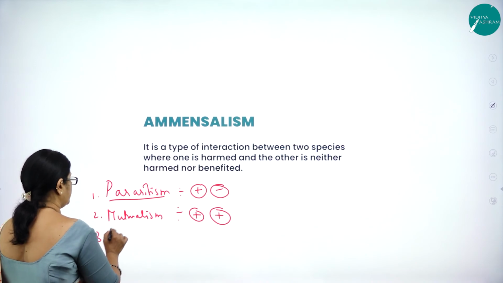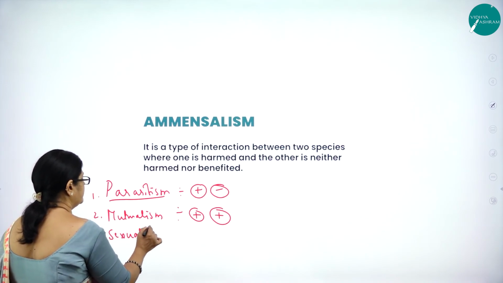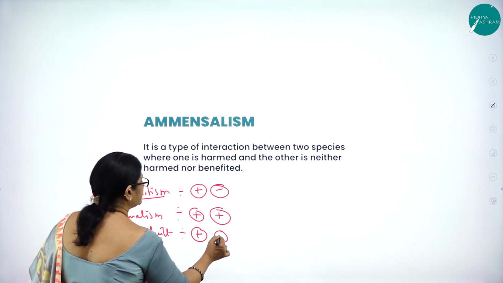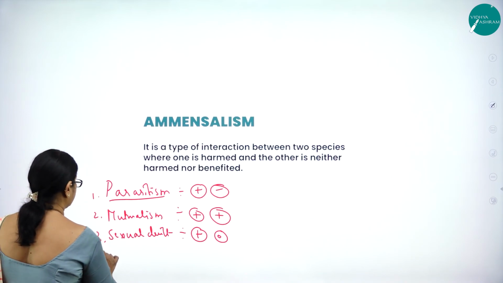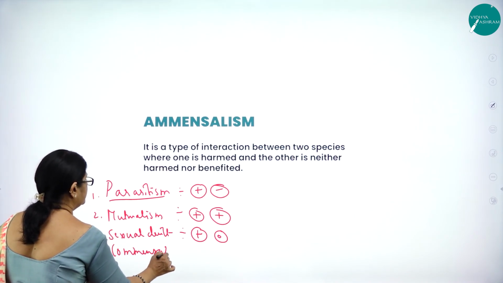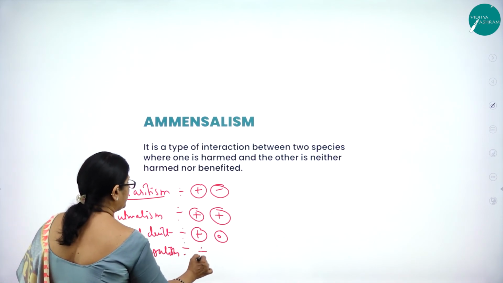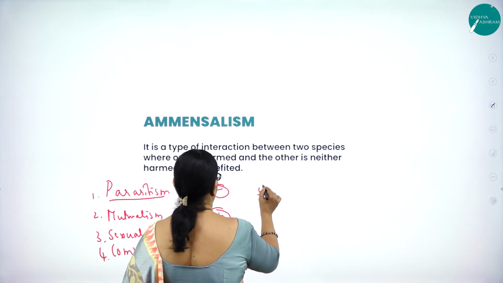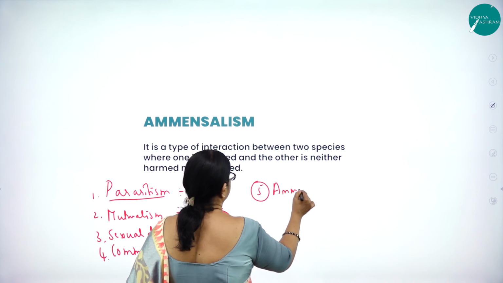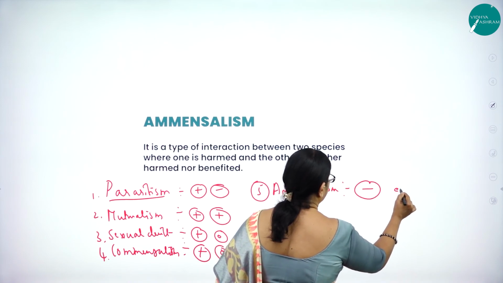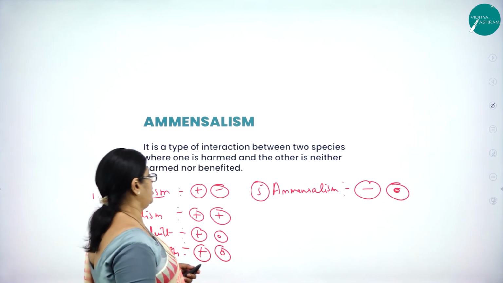And in case of sexual deceit, one is benefited, the other is neither benefited nor harmed. Right? Then in case of commensalism, one is benefited, the other one is neither benefited nor harmed. In commensalism, one is harmed and the other one is neither benefited nor harmed.